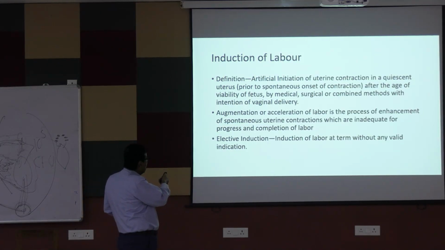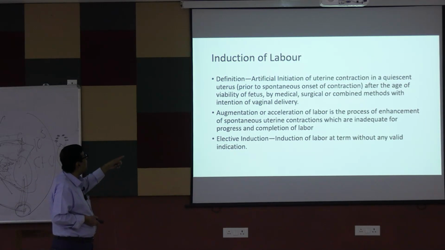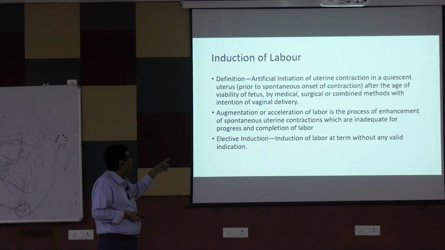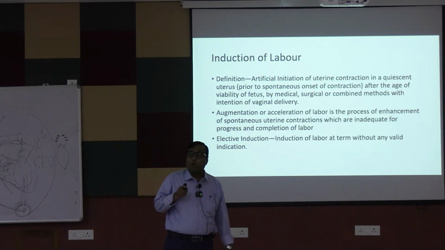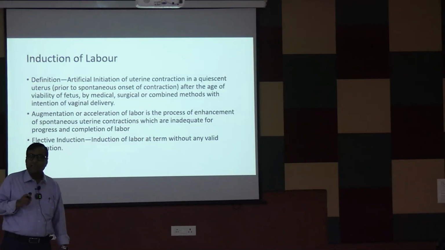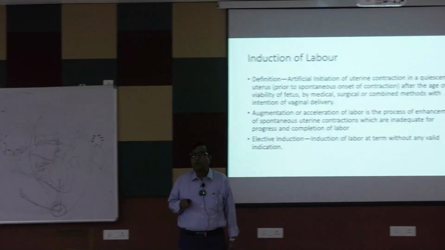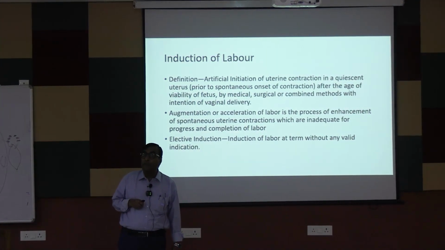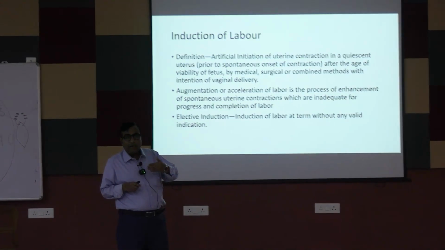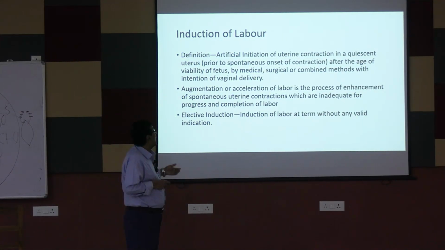Another term is augmentation of labor. The difference between these two: in augmentation or acceleration of labor, the patient is already in labor. That is, she has started spontaneous labor, but her uterine contractions are inadequate for proper progress and completion of labor. There we are expediting the progress of labor. That is what is called augmentation and acceleration.